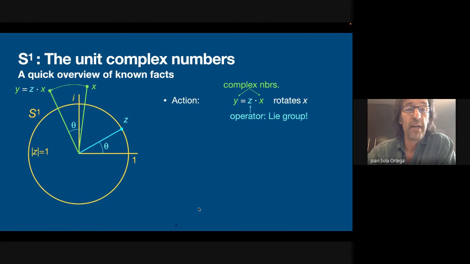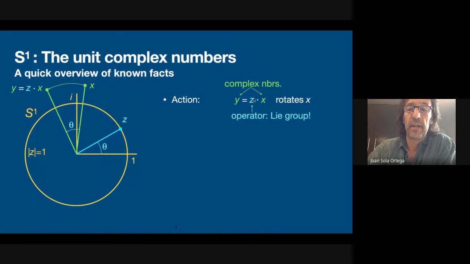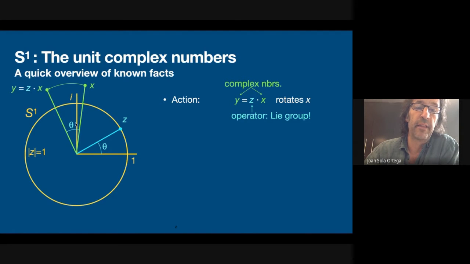By multiplying a number x, which is interpreted as a vector in the plane, by a unit complex number z, we rotate x, producing y. We use for this a complex number which is unit length, and this number z has a norm 1 and an angle theta. The amount by which we rotate x is exactly theta.